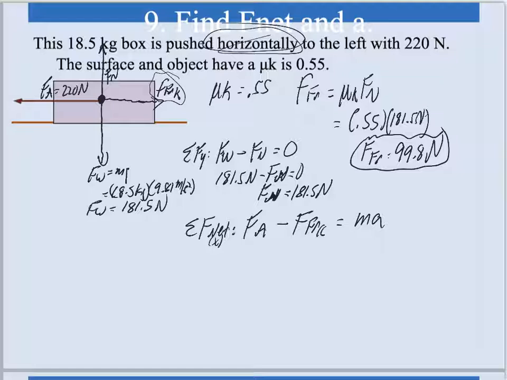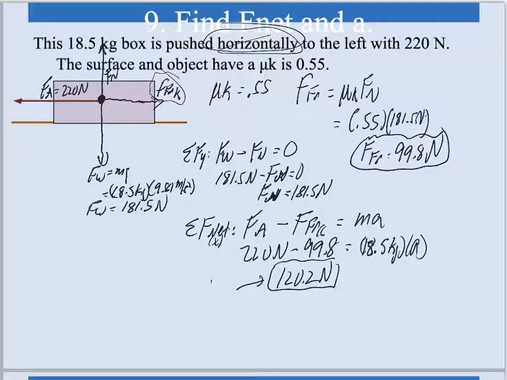And Fa is 220. Friction force is 99.8. M is 18.5 kilograms. And a, we don't know. So what's 220 minus 99.8? Well, that's a net force of 120.2 newtons. So there's our net force. That's the first part of our answer. And what's that equal to?